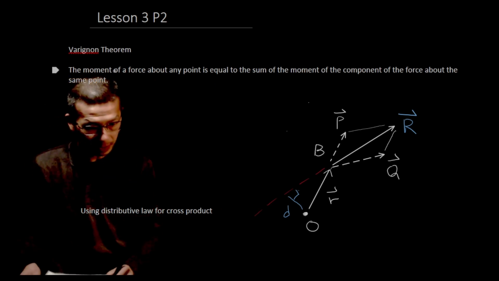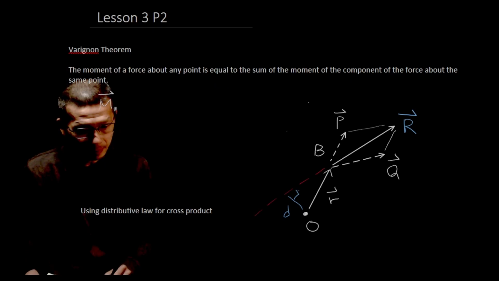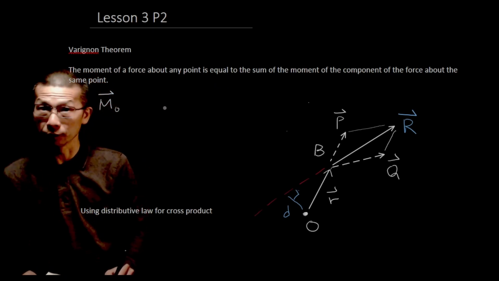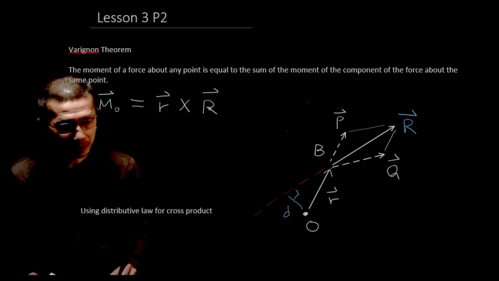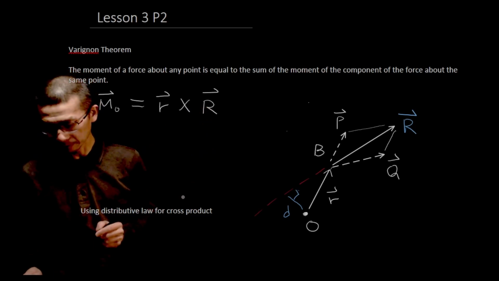Okay, so let's write it out. Moment, and moment has a direction, don't forget. Let's check, we have to check the direction as well. Moment about point O is equal to R cross the big R. Position vector cross the force vector.